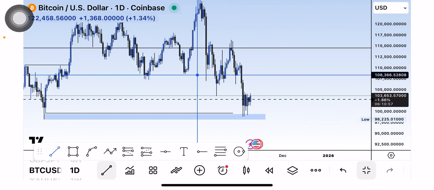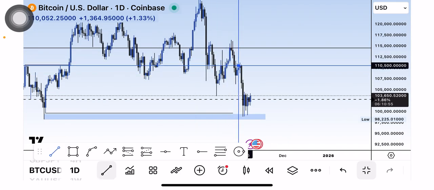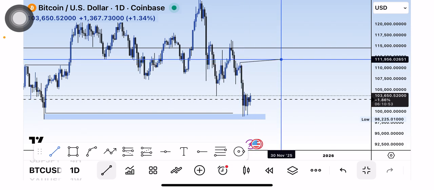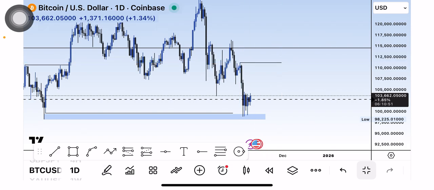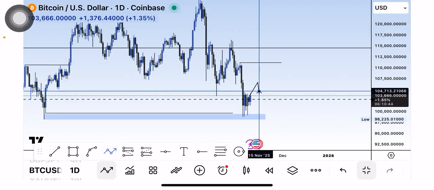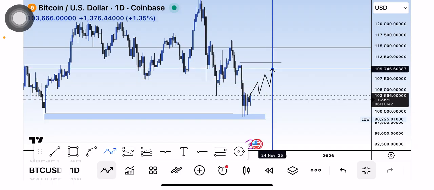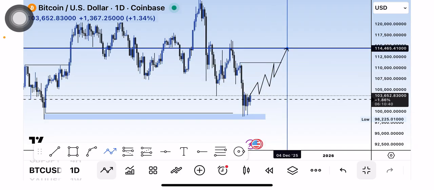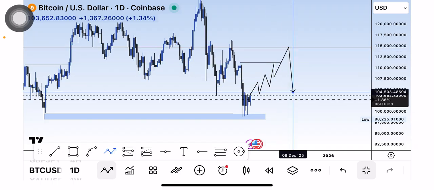We are going to go down to lower time frame, look for buy opportunity to go up to this zone, before market gets to this zone and we sell again.